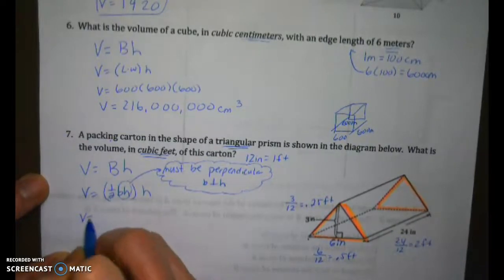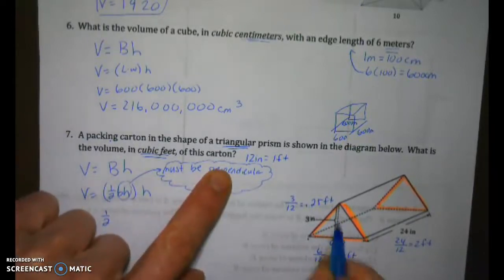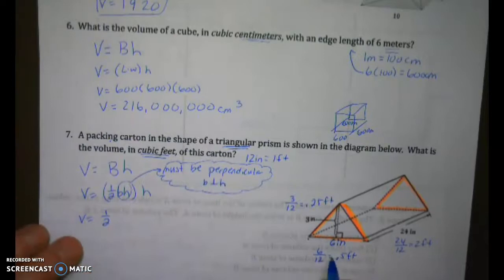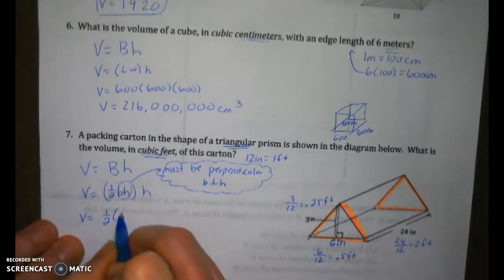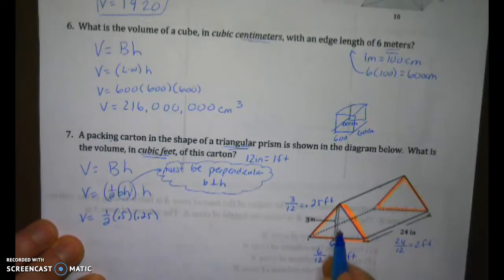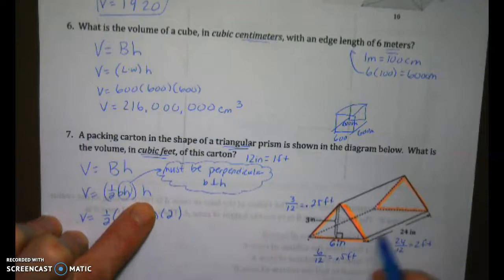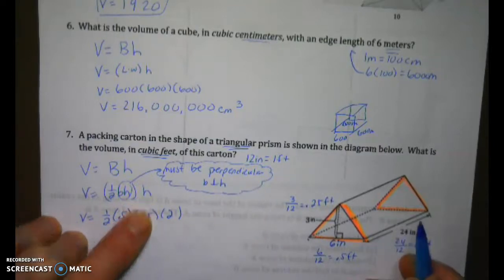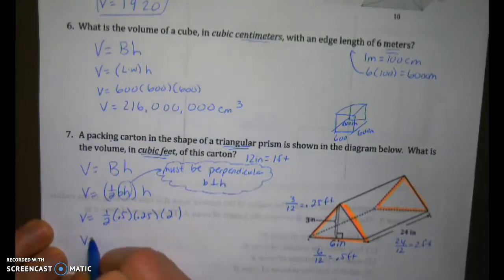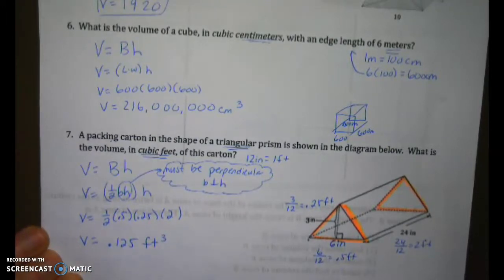So when we plug into our formula, it's 1/2, remember the perpendicular distances, so the 6 times the 0.5 times the 0.25, right, the perpendicular base and height of the two-dimensional figure, times the 2 feet, which is the distance between the two triangular bases. All right, and when you plug that into your calculator, you're going to get 0.125. You can leave your answer there. If you want to do units of measure, it's feet cubed.